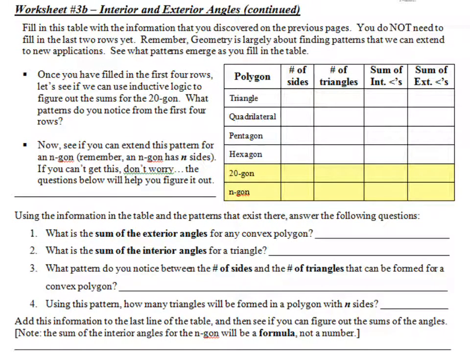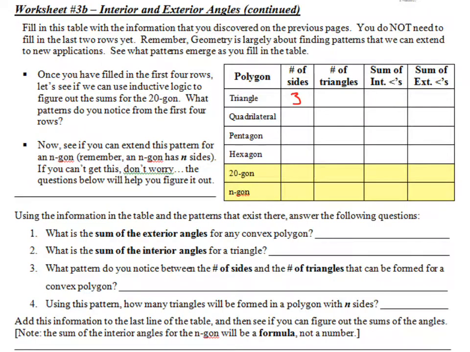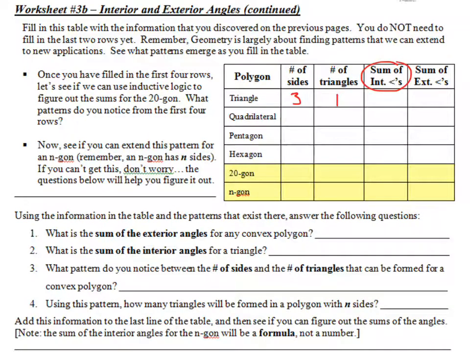It says the number of sides, of course, is simply 3. And the number of triangles in a triangle, well, looking back, I can see there's only 1 triangle. So I would put 1 for that. The sum of the interior angles, again, I can look back here, and I see the sum of the interior angles is simply 180 degrees.